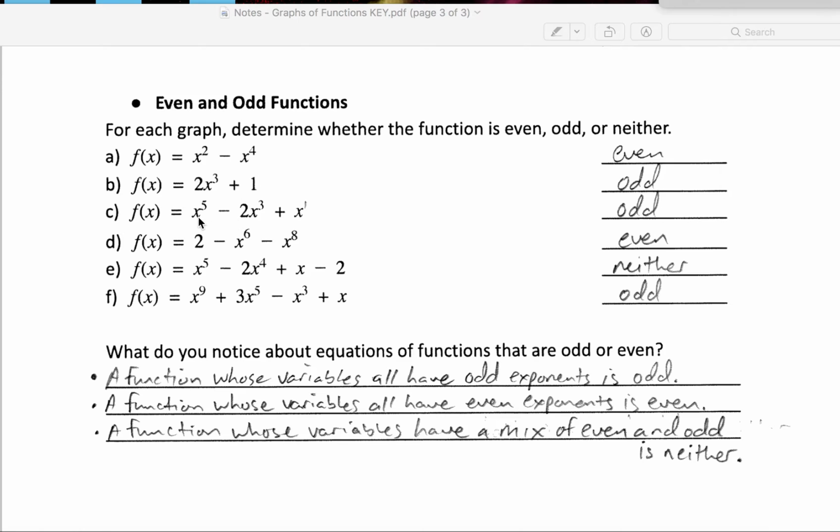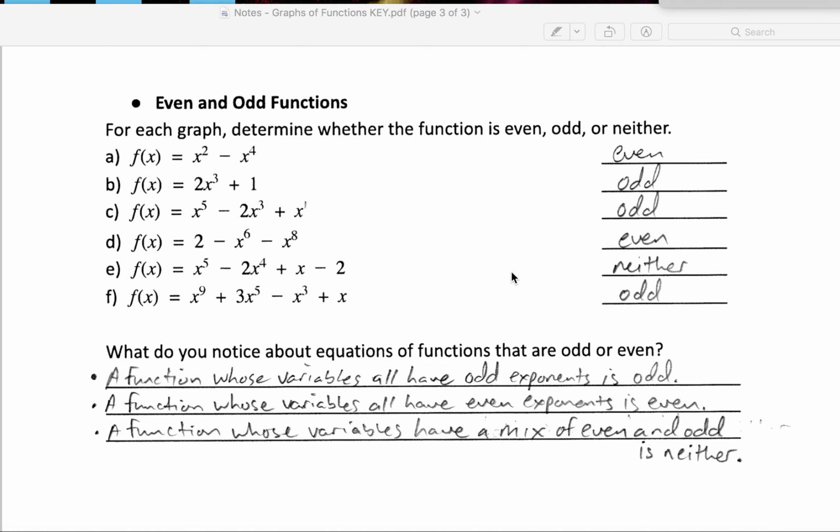Functions where the variables are all odd exponents, those end up having that symmetry about the origin, and we call those odd functions. If a function has a mix of even and odd exponents, well, then it doesn't have either of those symmetries, and we don't call it even or odd. We just say it's neither of those.